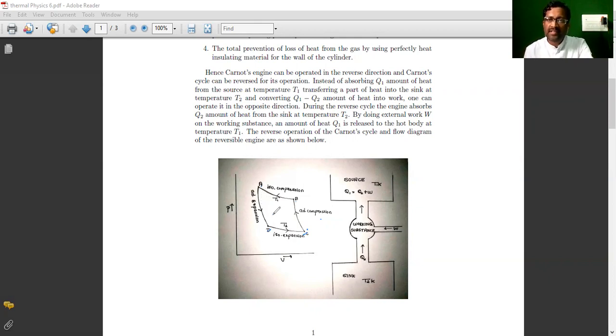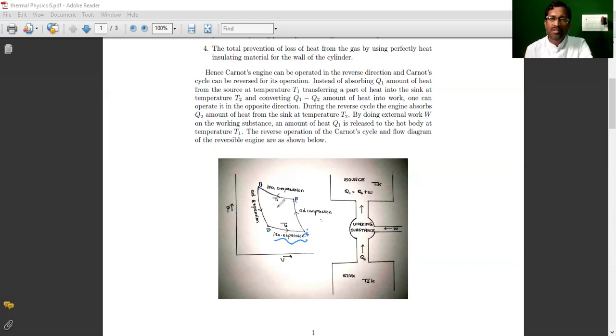Now, in the reverse cycle, you can see the arrow runs from A to D, D to C, C to B, and B to A. So B to A is isothermal compression, C to B is adiabatic compression, D to C is isothermal expansion, and A to D is adiabatic expansion.